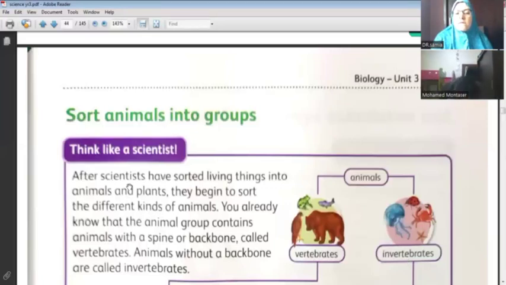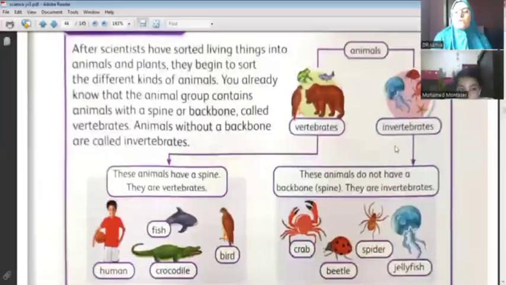So after scientists have sorted living things into animals and plants, they began to sort the different kinds of animals. You already know that the animal group contains animals with a spine or backbone, called vertebrates. Animals without a backbone are called invertebrates. Very good, Layan.